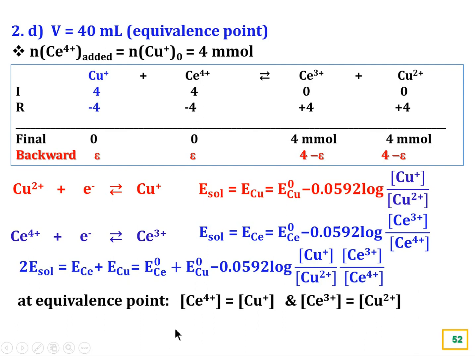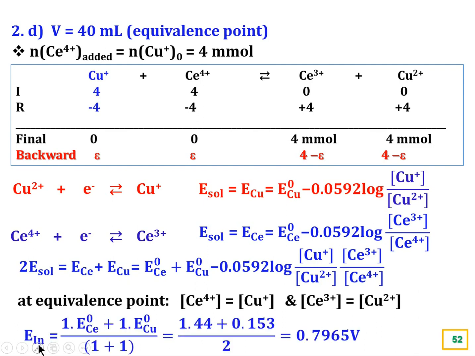So E of the solution, or E indicated, equals E0 cerium plus E0 Cu divided by 2, since log of this ratio is equal to log 1, so 0, and therefore E of the solution equals 0.79 volt.